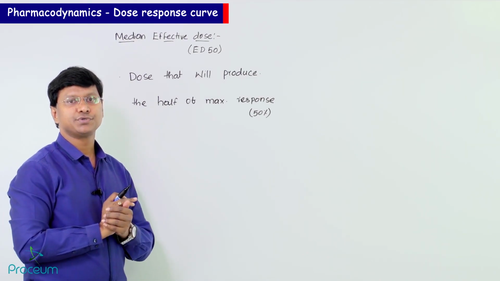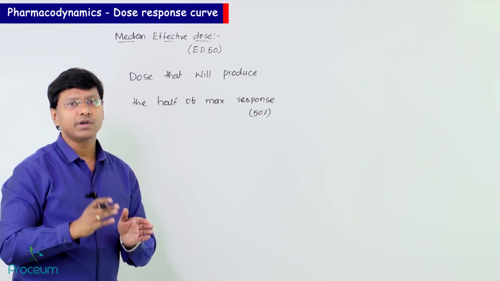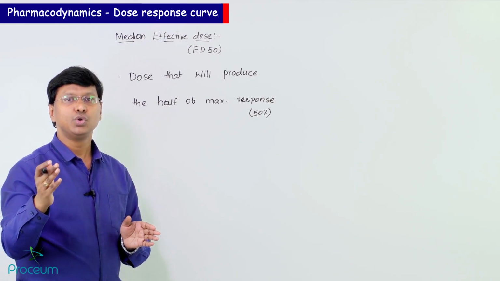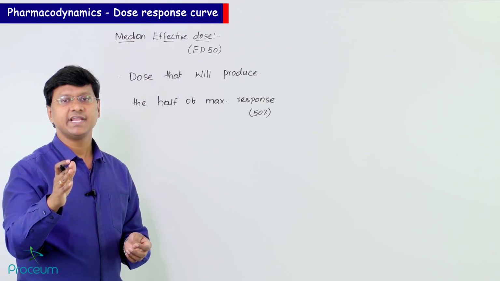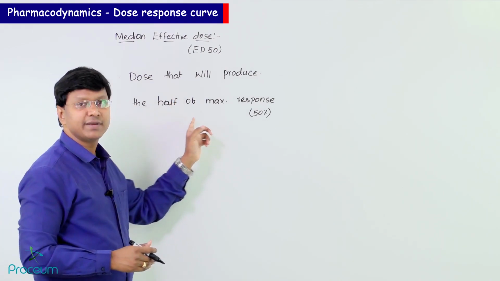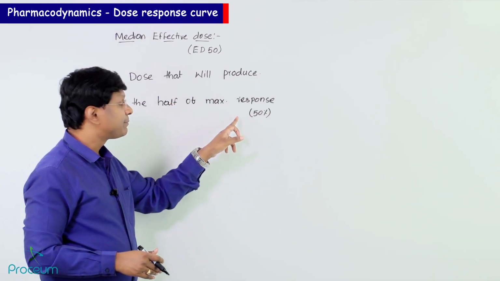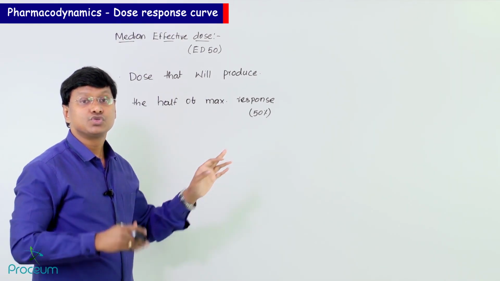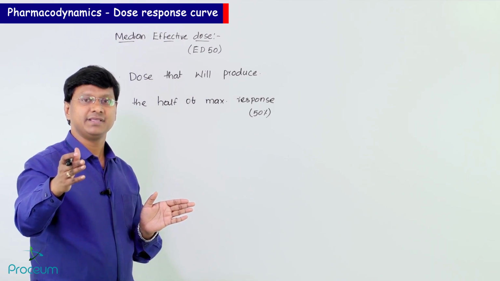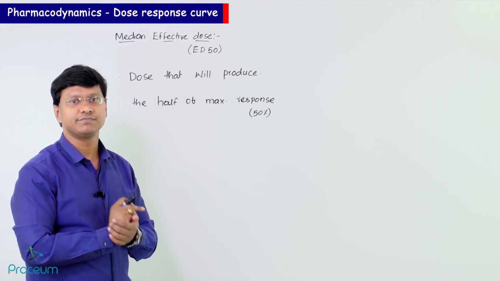Now a point you should remember here is, more is the ED50, lower is the potency of the drug. What does that mean? More is the ED50 means more is the requirement of the dose for producing 50% of the maximum response. So more dose is required means lesser will be the potency of the drug.